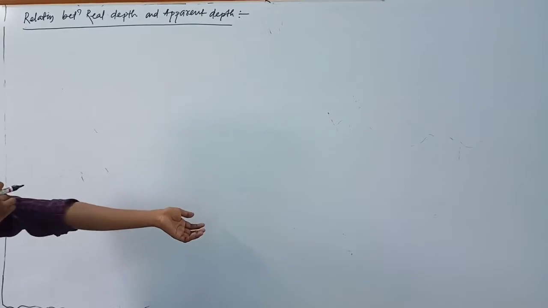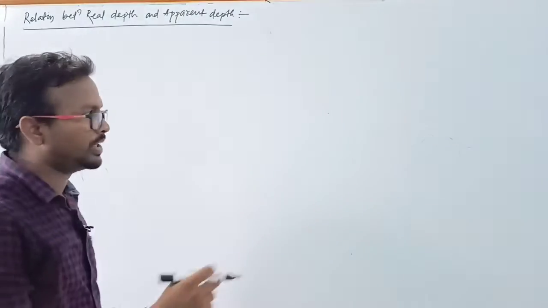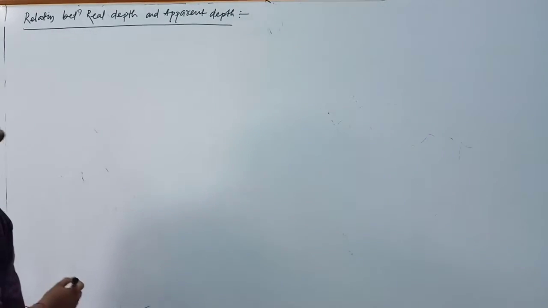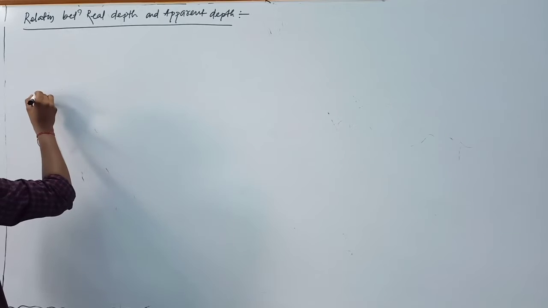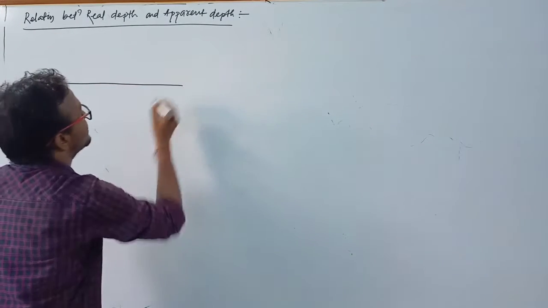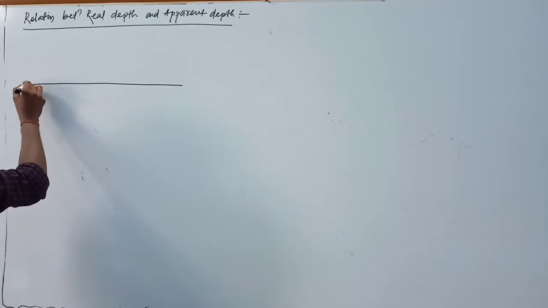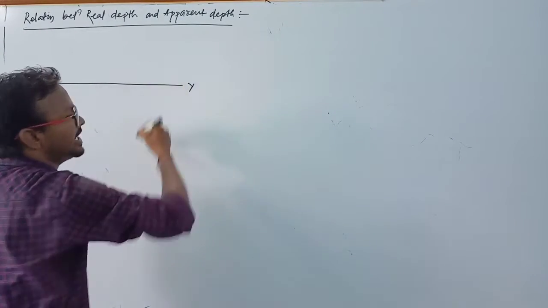Now we have to find a relation between real depth and apparent depth. So what is real depth and what is apparent depth, we will discuss here. Suppose there is a surface or interface, this is one interface xy, which separates two media.